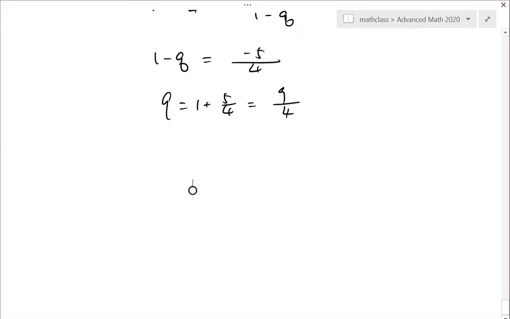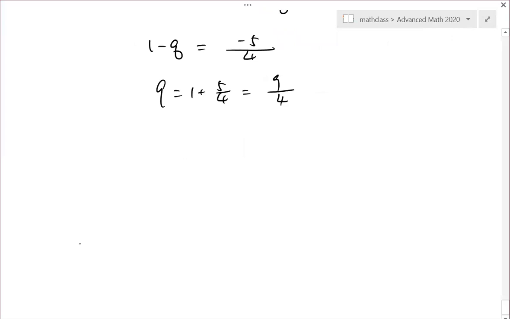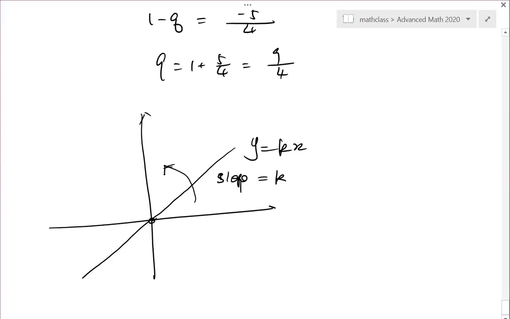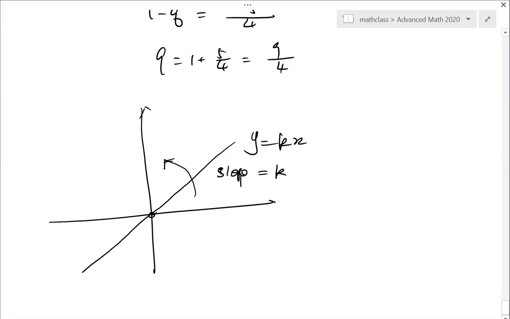So let's understand the geometry of the slope. If you have a bunch of lines, that's a special case: y equals kx is a line passing through the origin, and the slope is k. When k increases, the line goes in that direction, so as k increases, it becomes more vertical.